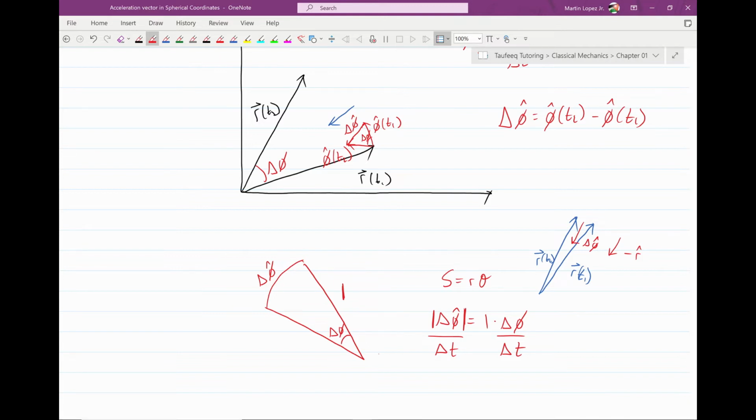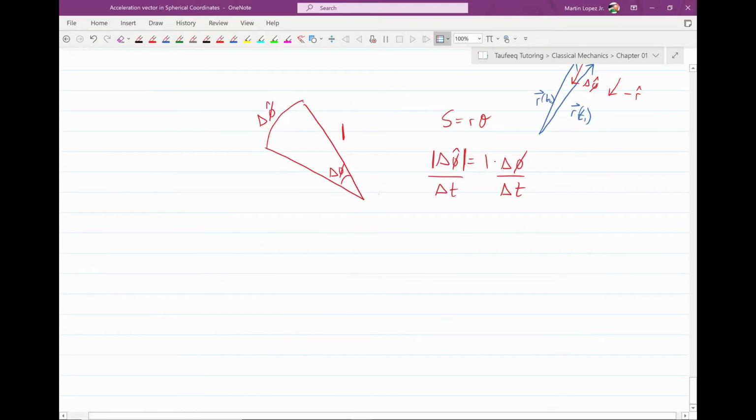Okay. Now these are very hand-wavy arguments, and that's actually why we're going to develop this alternative method. So if you feel like, I understand. These are very hand-wavy. I'm waving my hands right now. So we're just going to apply this direction. Delta phi hat over delta t is equal to delta phi over delta t, negative R hat.